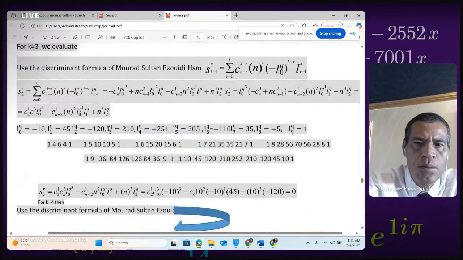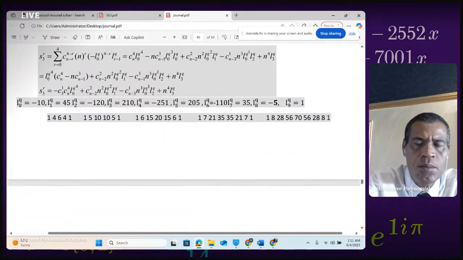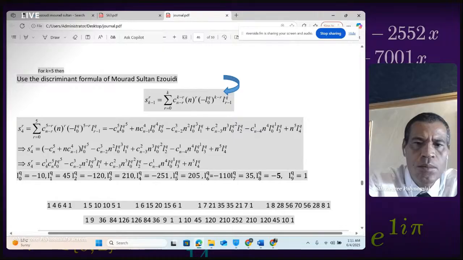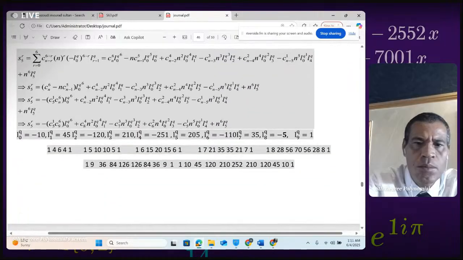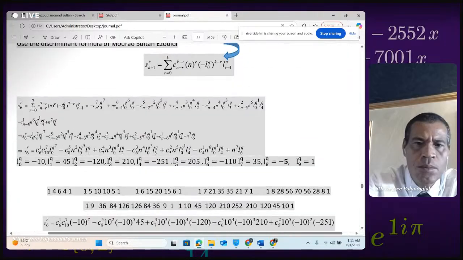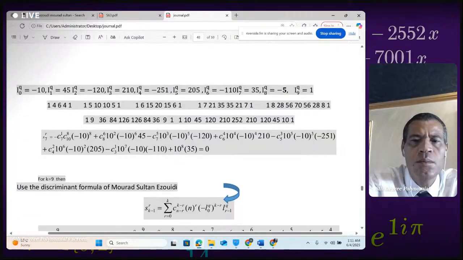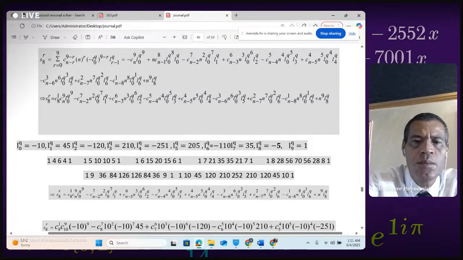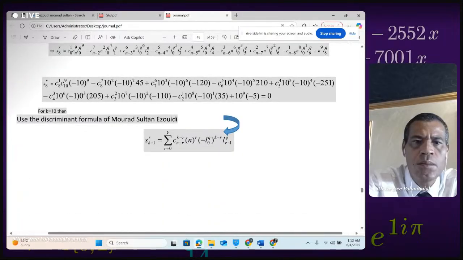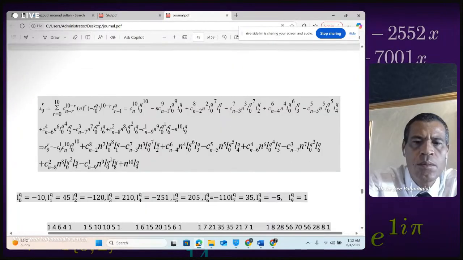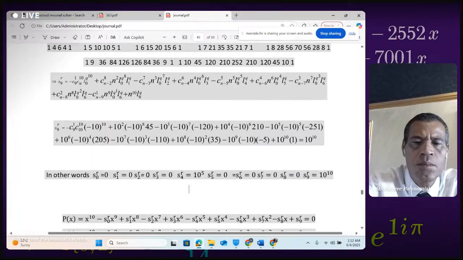So wrapping up this particular deep dive, focusing only on the source material, we've looked at the historical challenge, as described here, of finding exact roots for polynomials and the limitations of some traditional methods mentioned. Mm-hmm. We then dove into this discriminant formula of Mourad Sultan Ezouidi Hizm, which is presented in the source as a novel general method.